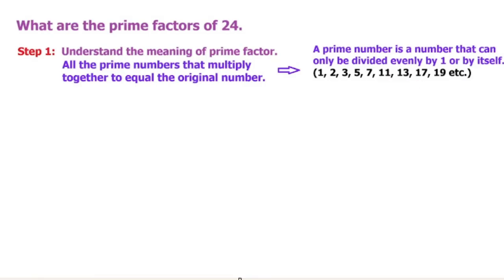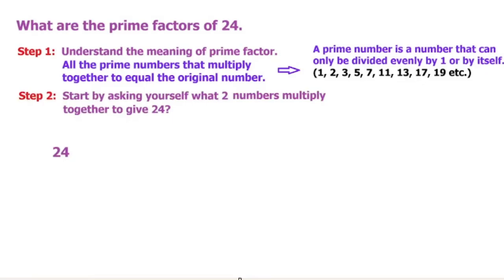So now let's look at this number 24. Start by asking yourself what two numbers multiply together to give 24. Okay, so let's start with that one. 24, you can multiply 6 times 4 to get 24.